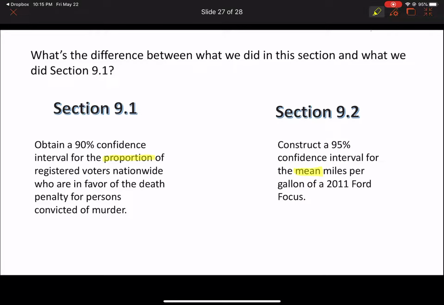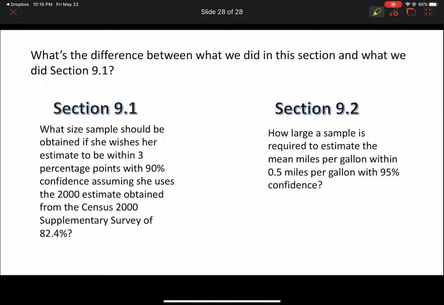Okay, let's do another comparison. This is for sample sizes. What sample size should we obtain if she wishes her estimate to be within 3 percentage points with 90% confidence, assuming she uses the 2000 estimate obtained from the Census 2000 Supplementary Survey of 82.4%?